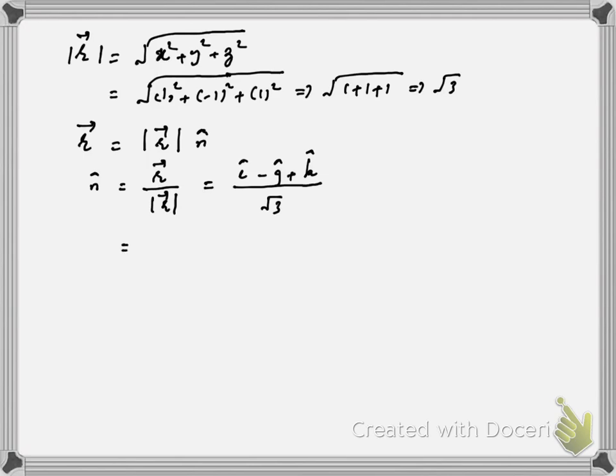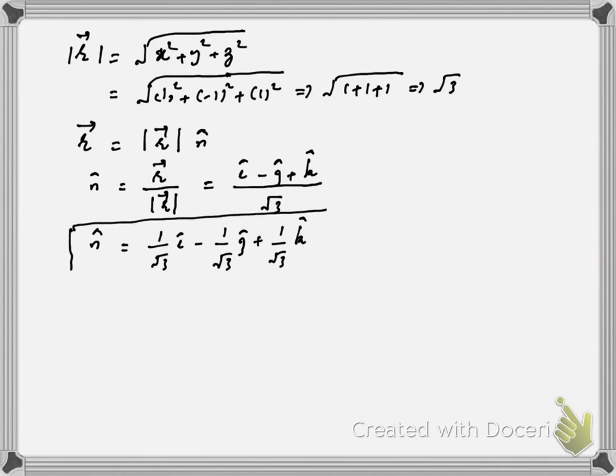It can be written as 1 upon square root 3 i cap minus 1 upon square root 3 j cap plus 1 upon square root 3 k cap. It is the direction of vector r. Because vector r is perpendicular to u and v both, this unit vector is also perpendicular to u and v both. This is how we find a unit vector which is perpendicular to the given vectors.